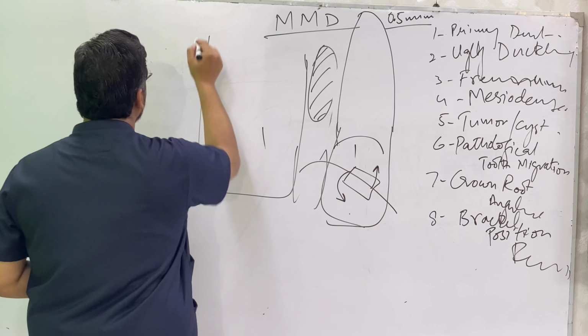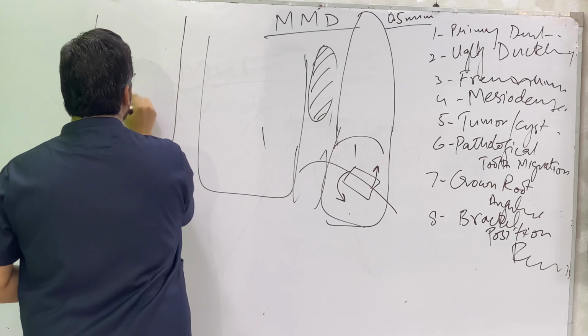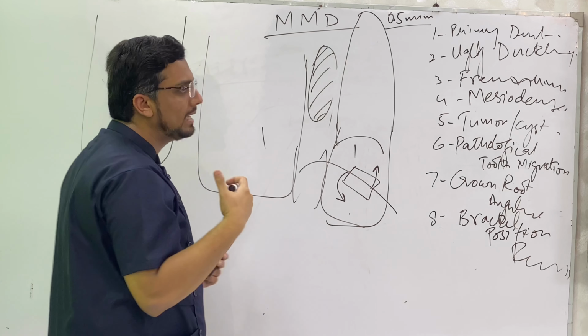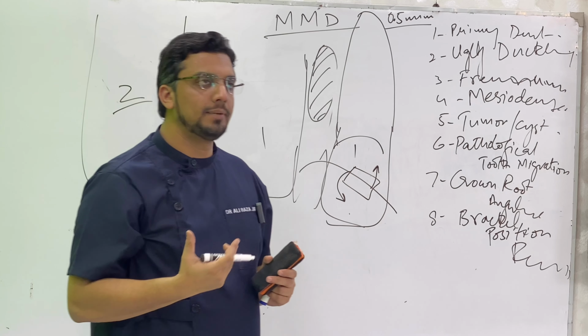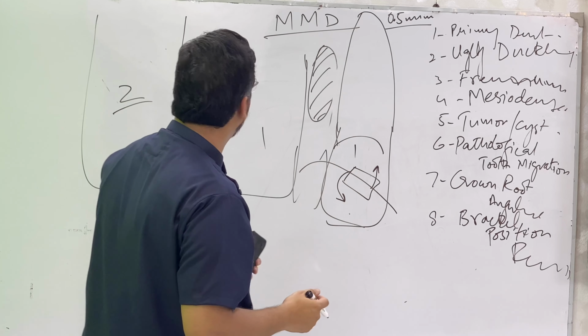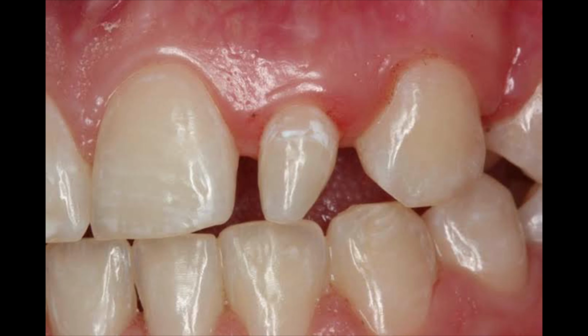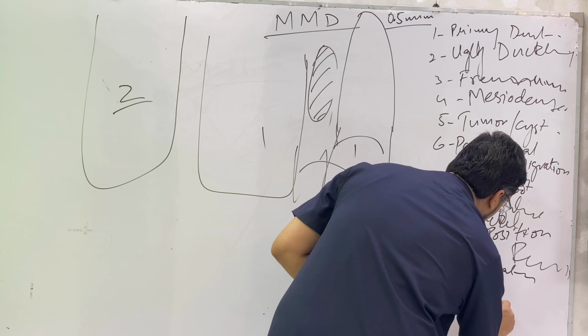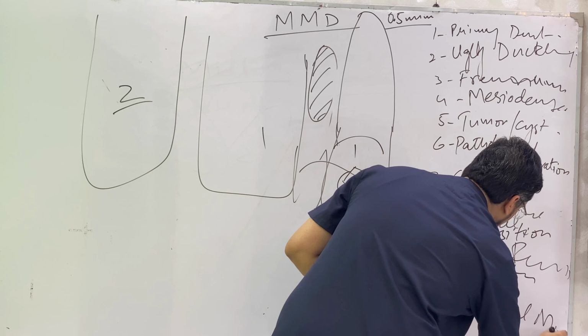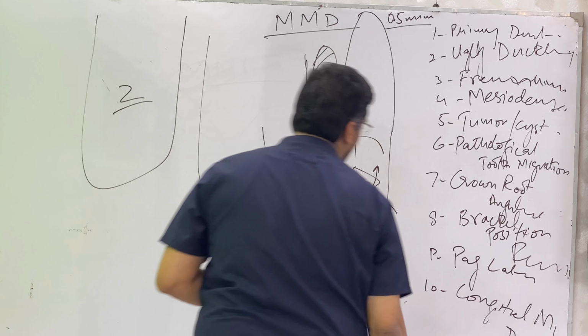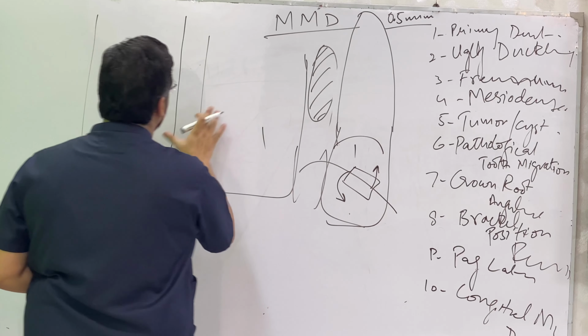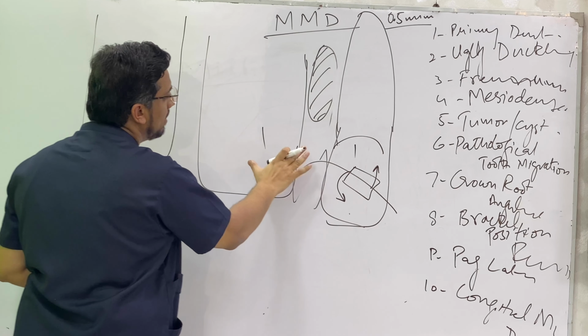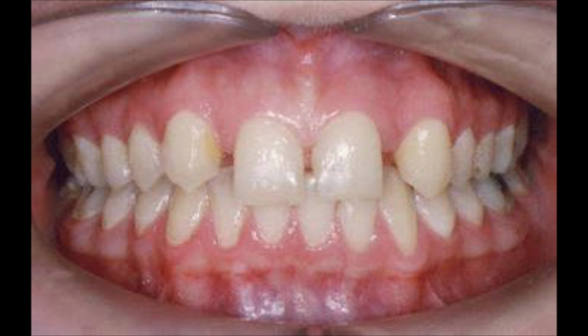Moving on to the lateral incisor. The lateral incisor can also be an etiological factor of the diastema. For example, if you have a peg lateral or a congenitally missing tooth, in case of the peg lateral, the central incisors will not move easily and this gap will not be closed.